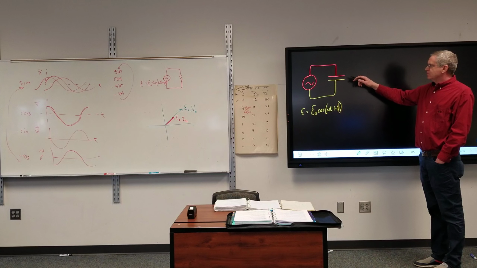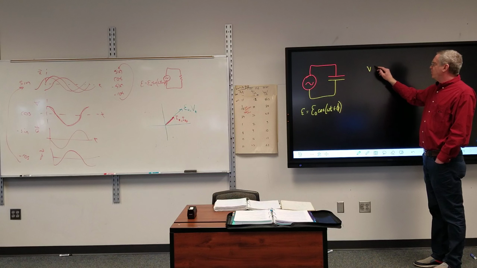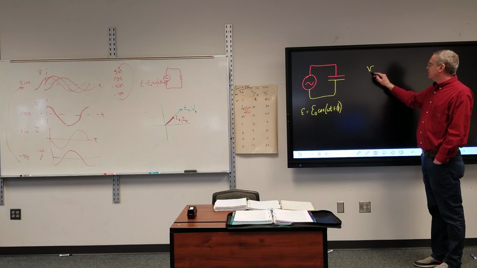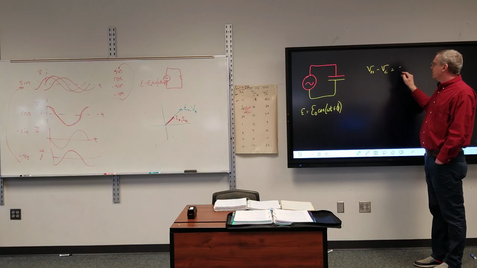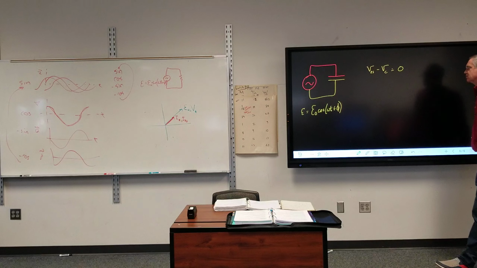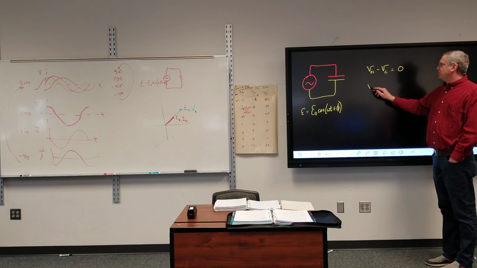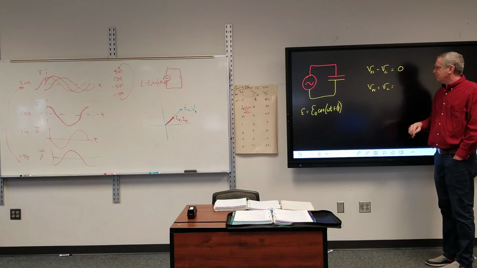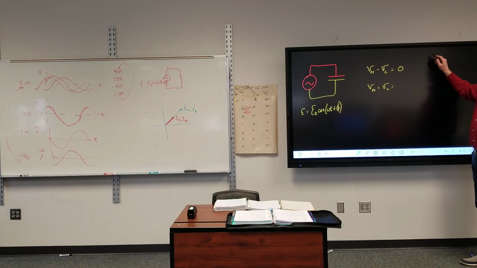All right. So I know that I have some voltage going across the power supply minus the voltage across the capacitor. It's got to be equal to 0. So voltage across the power supply equals the voltage across the capacitor, which, well, flashback to DC stuff, I know capacitance is charge over voltage.